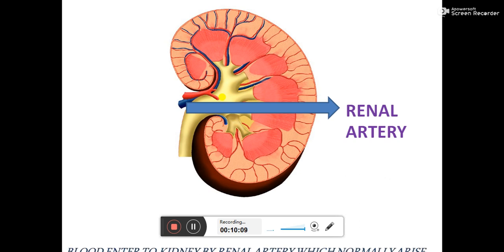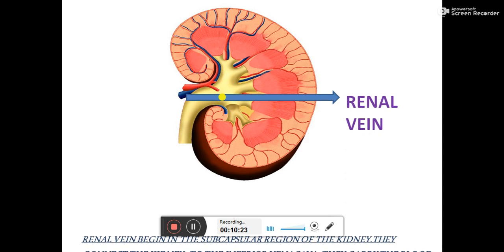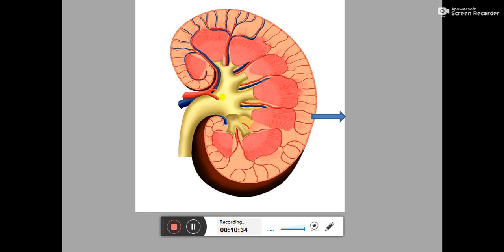Blood enters the kidney through the renal artery, which normally rises from the dorsal aorta. Renal vein. Renal veins begin in the subcapsular region of the kidney. They connect the kidney to the inferior vena cava and carry the blood filtered by the kidney.